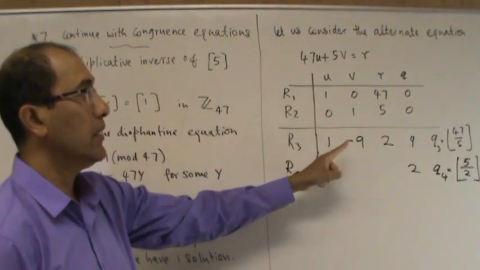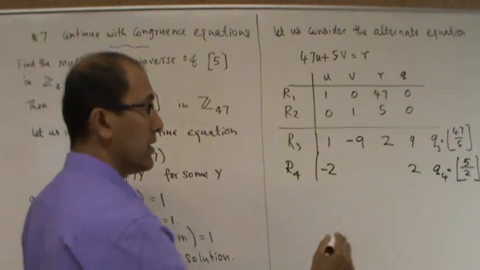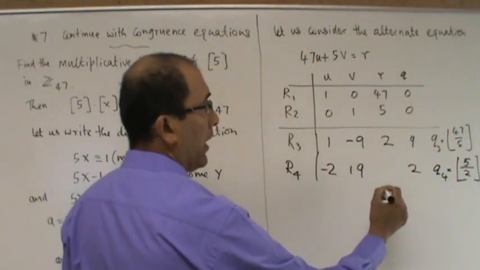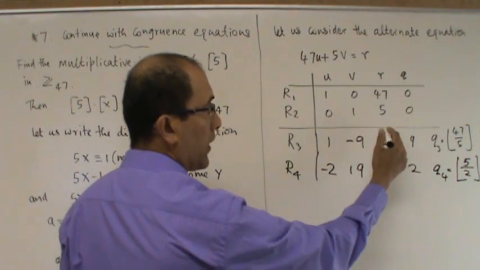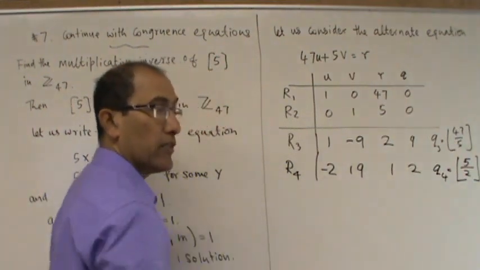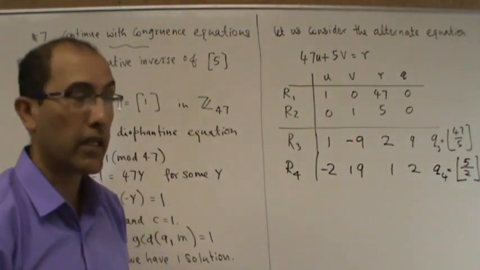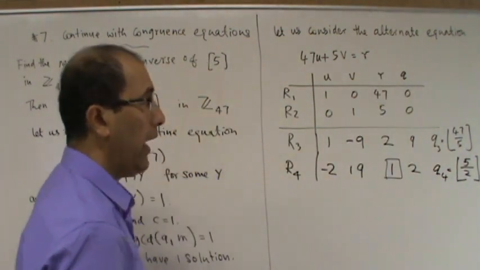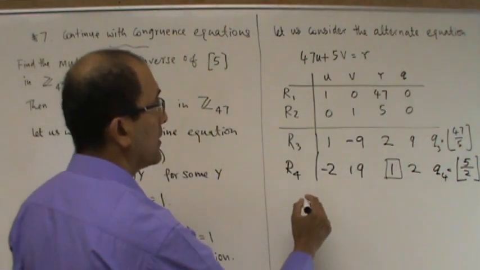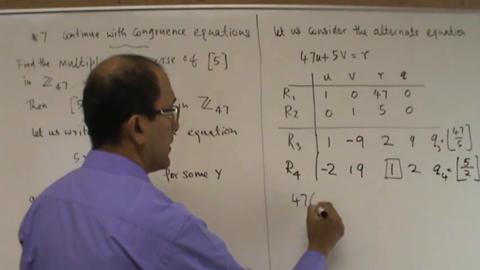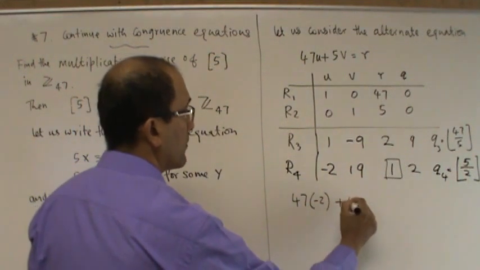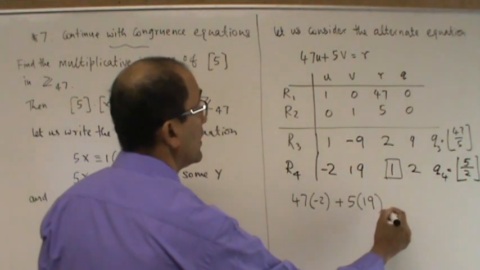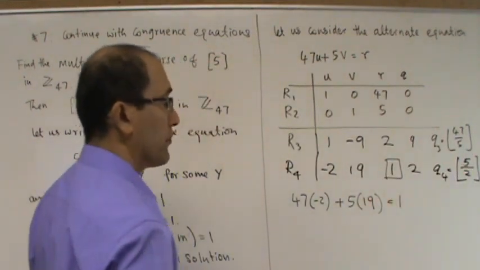So 1 minus 18 is a positive 19, and 5 minus 4 is 1. That's the GCD. So therefore we can stop there, because we hit our GCD here, and we can therefore write 47 times negative 2 plus 5 times 19 is equal to 1.